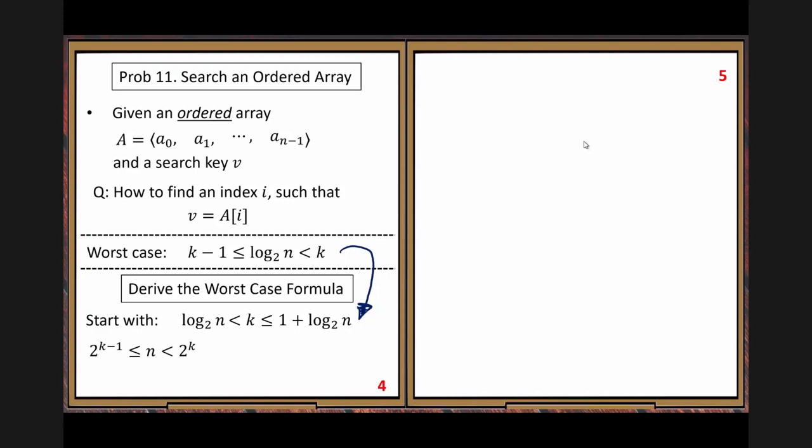But here, you can see in this new inequality, one side contains the equal sign, but the other side does not contain the equal sign.